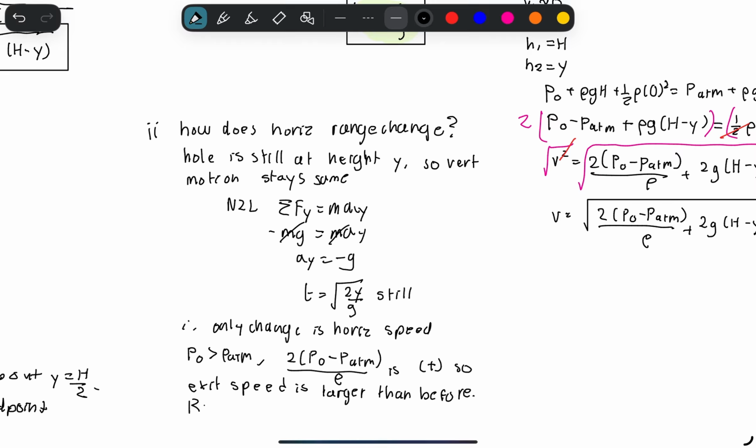Because R is equal to v times t, and t is the same while v increases, that means R overall will increase.